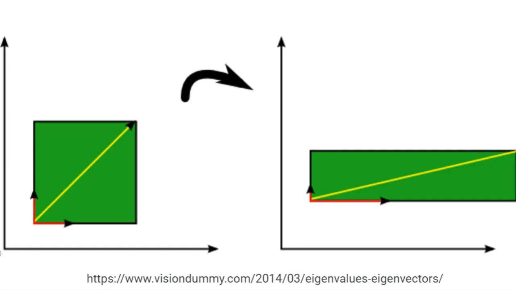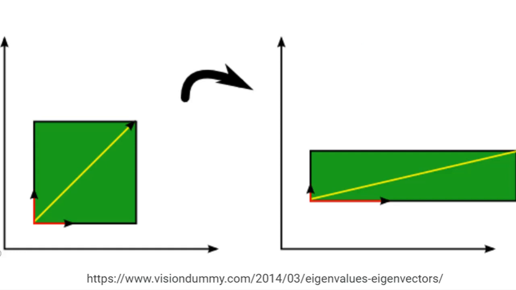So this red colored vector is elongated along the x direction, its length is doubled, whereas the y direction vector's length is halved.